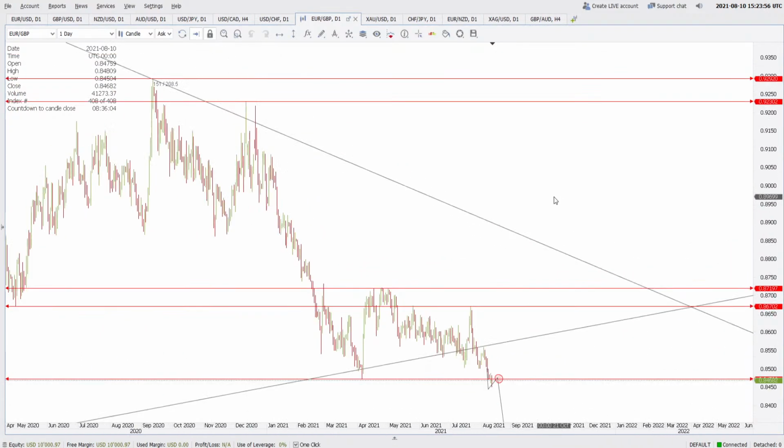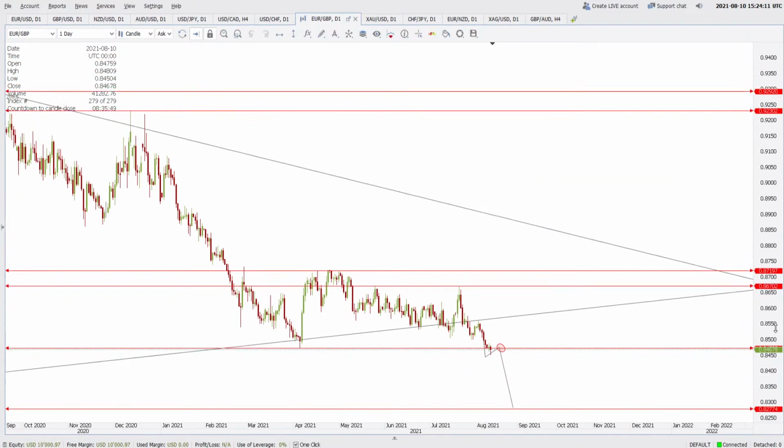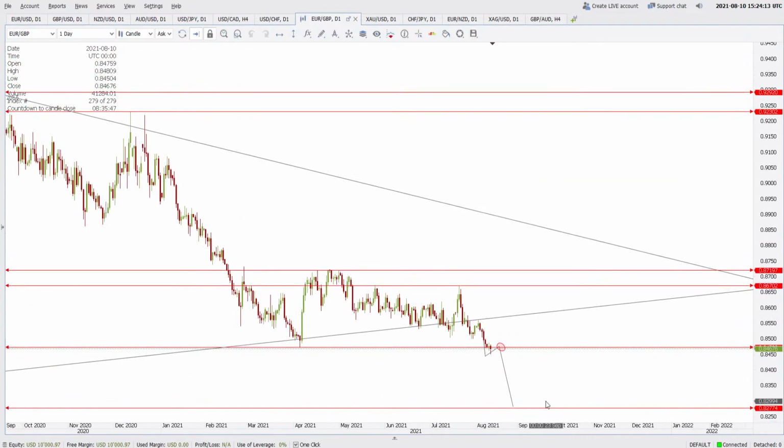All right, we can be sure if a daily candle closes below this level. So yes, 0.8472 is the level that we are talking about. If a daily candle closes below this, then we should be saying that this 0.8277 is exposed. All right, because GBP is going bad, that is why euro is trying to rise.